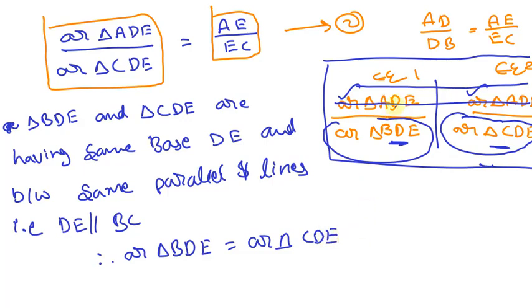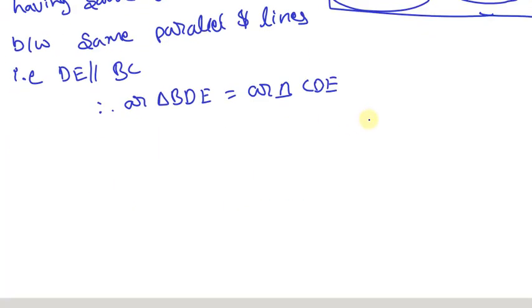That means the LHS part of the first equation and the LHS part of the second equation are both equal. Why? Because the numerator ADE is the same, and the denominator, area of triangle BDE, is equal to area of triangle CDE. So in both equation 1 and equation 2, the LHS parts are equal. As the LHS parts are equal, we can equate the RHS also.